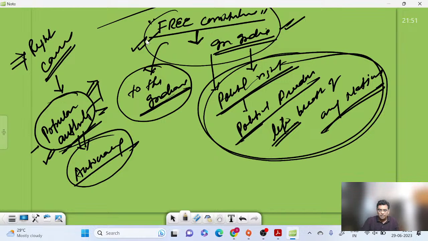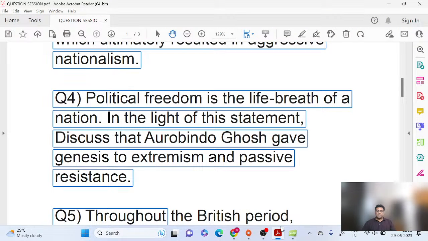He said that if there is no political freedom, then the nation is dead. So the question is: political freedom is the life breath of a nation. In the light of this statement, discuss that Aurobindo Ghosh gave genesis to extremism and passive resistance.